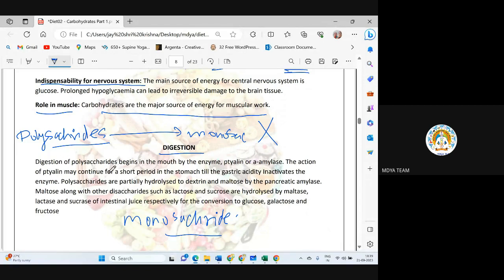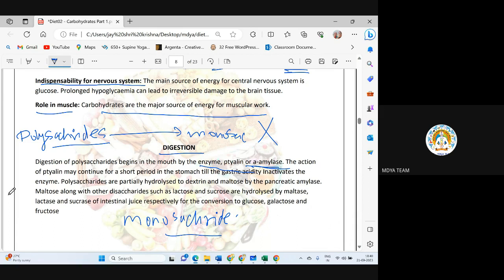Okay, so digestion of polysaccharide begins in the mouth by the enzyme ptyalin or alpha amylase. This ptyalin or alpha amylase starts digestion of polysaccharide, digestion of starch. Everybody knows this term digestion.